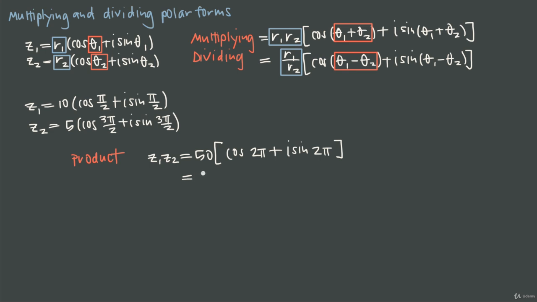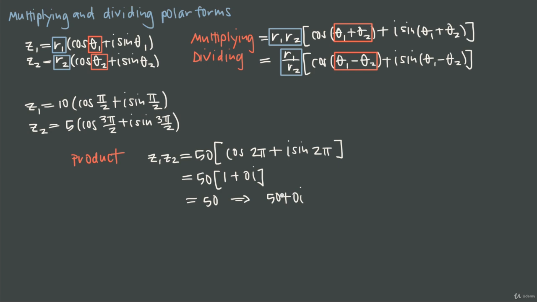Here's what that would look like. We would say 50 multiplied by cosine of 2 pi is 1, sine of 2 pi is 0, so 1 plus 0i. 0i is 0, 1 plus 0 is 1. That's equal to 50. So in rectangular form, we could write that as 50 plus 0i.